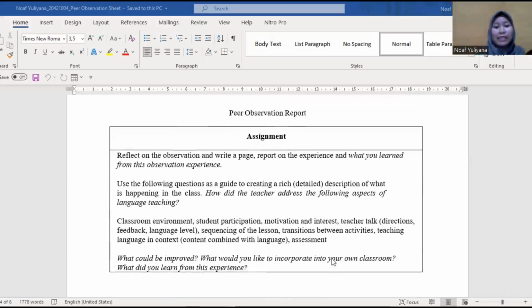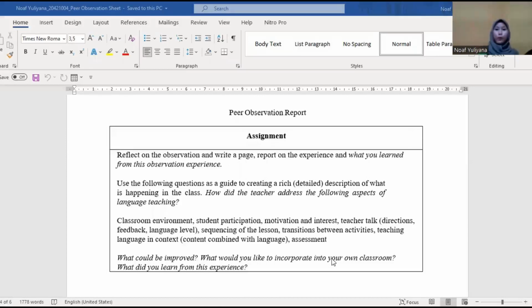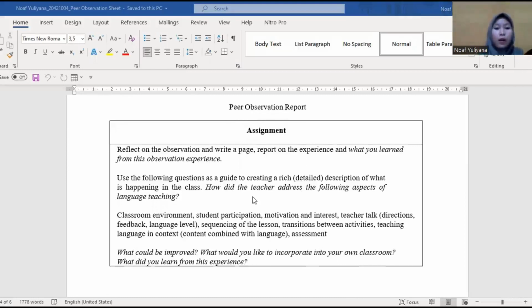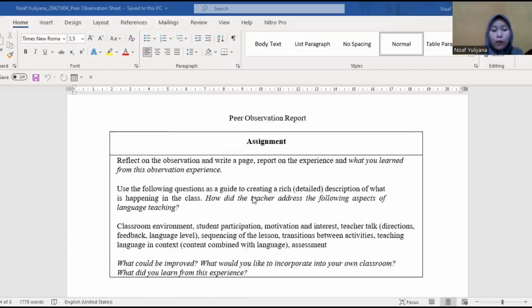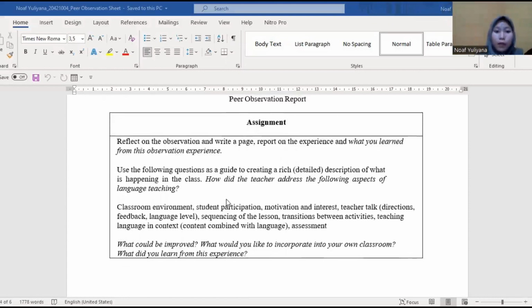Next is the observation report. Okay, reflect on the observation report, and we have points about information, another information about reflecting on the observation and writing a page report on the experience and what you learned from this observation.